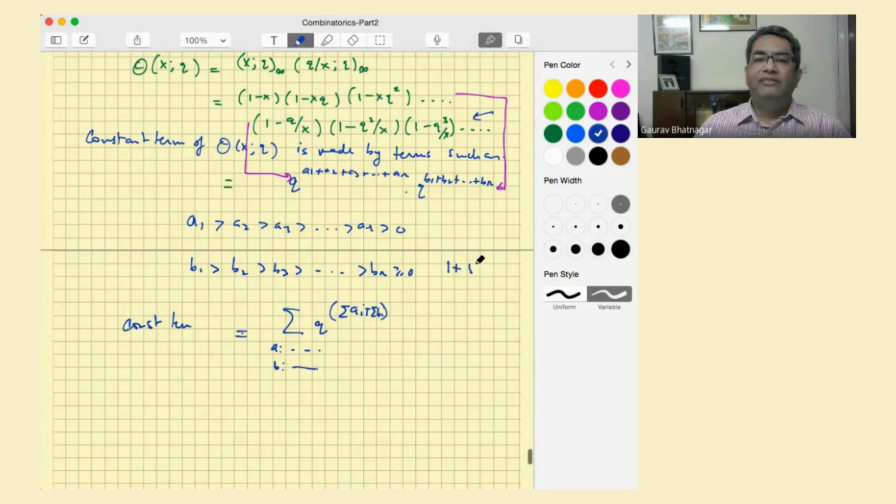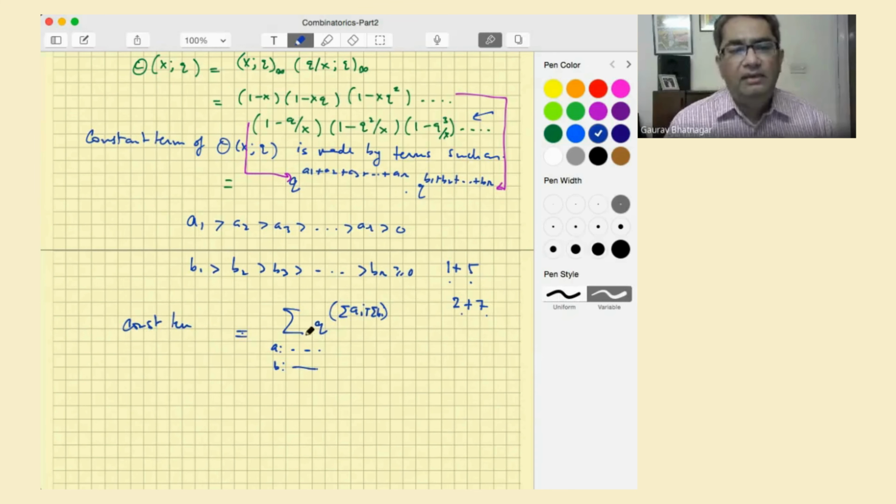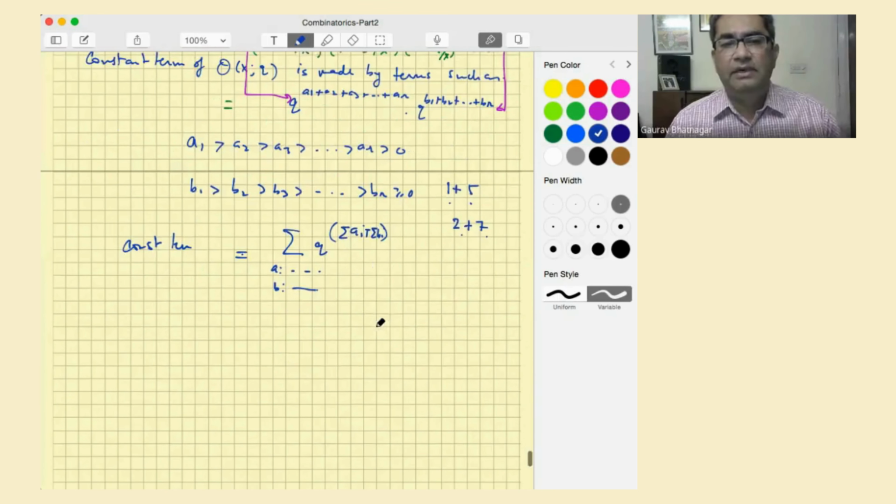So 1 plus 5, that's 6 coming from here, and then 2 plus 7, coming from here. And when I multiply by q, I'll get q raised to 6 plus 8 plus 7, that is 15. And then I collect all the guys together, and I get something which adds up to 15. And what is that? That's a partition, right?